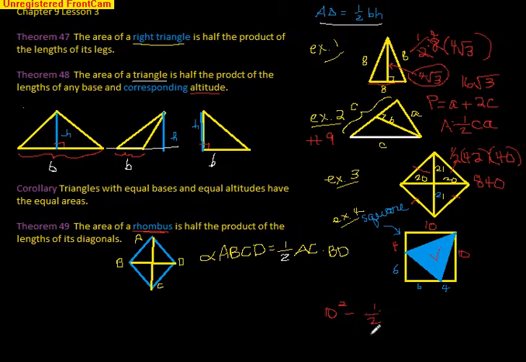Let's do this one right here, 1/2 times 10 times 4, minus 1/2 times 6 times 6, that's this triangle right here, and then we just have to subtract off this one right over here.